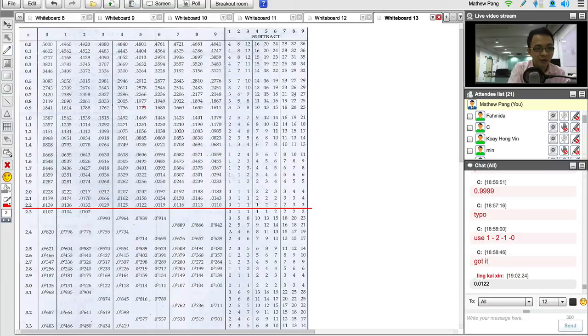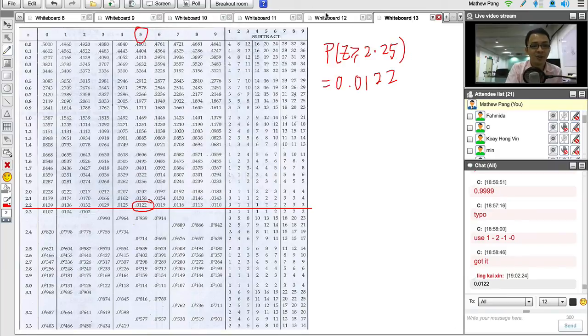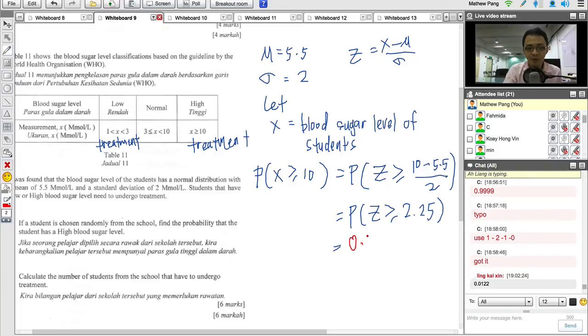So the probability that Z is bigger than or equal to 2.25 is 0.0122. Got it? I just write it back: 0.0122. That's the answer. I think it's 2 to 3 marks for this one, I'm not sure.